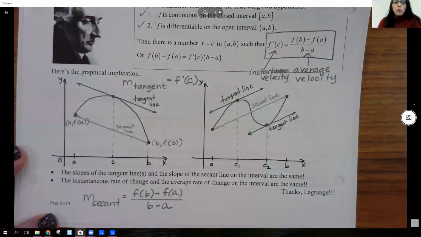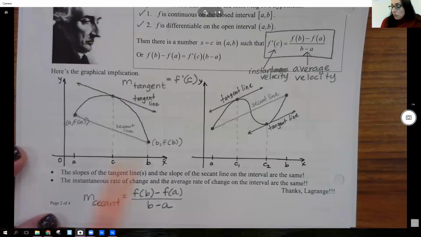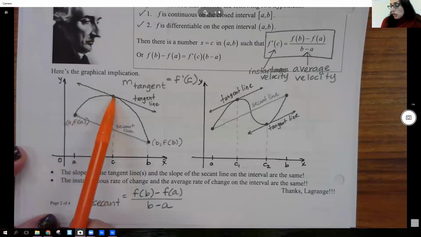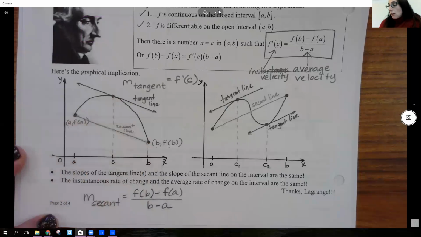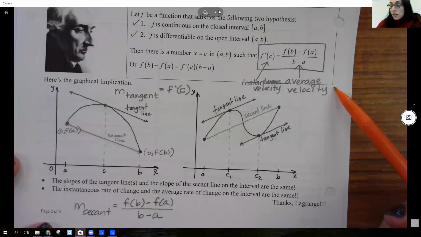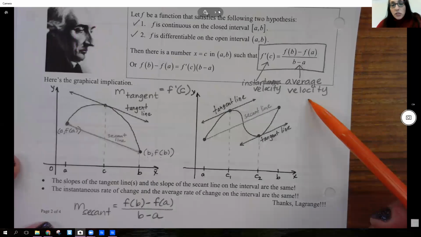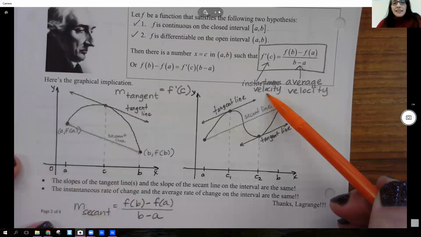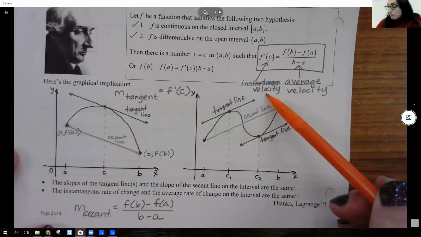It gives you a slope with just one point, okay? Otherwise, we have to use the old geometry formula for slope, and that requires 2 points. So mean value theorem is saying that somewhere along this curve, these slopes are going to be equal to each other. Somewhere in a physics problem, the average velocity of an object, of a trajectory, of anything moving is going to be the same as an instantaneous velocity, okay? A speed or a velocity at a certain point.